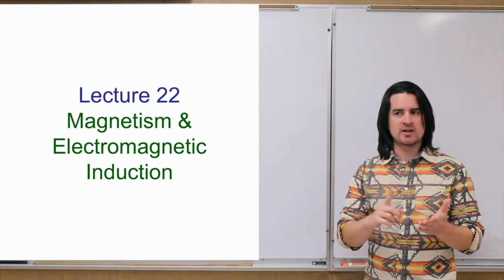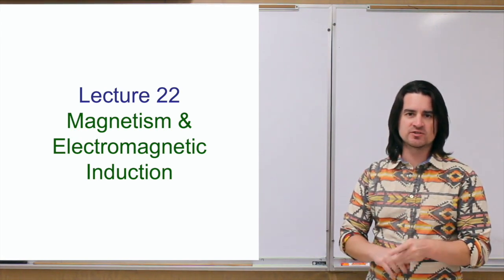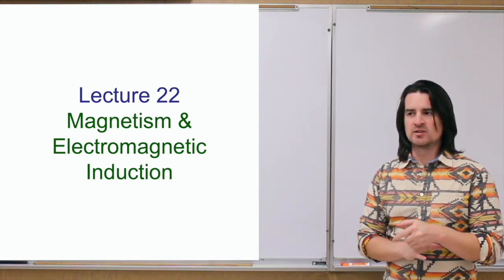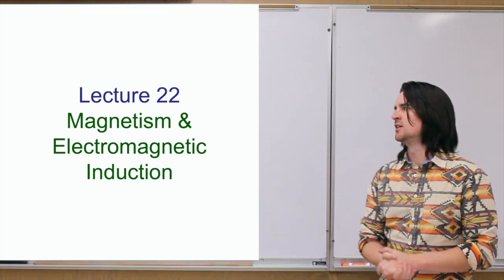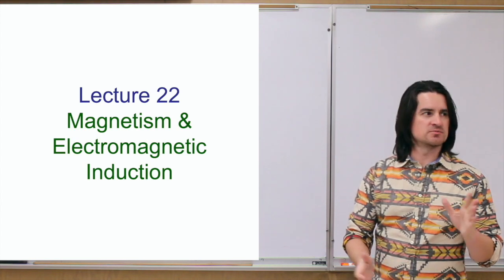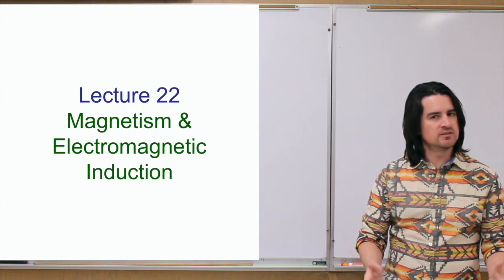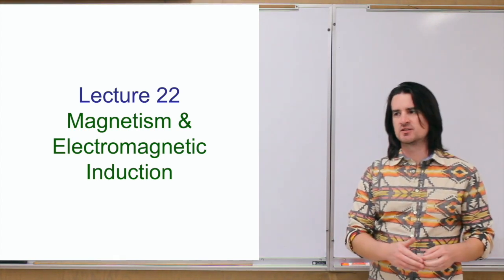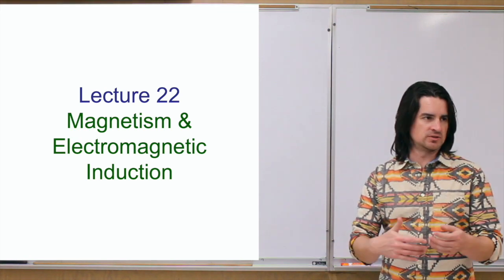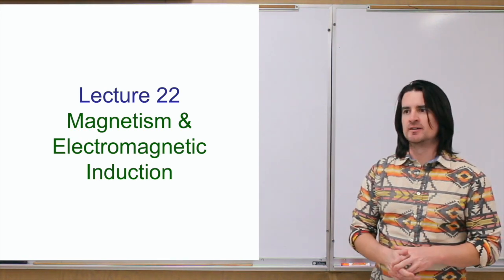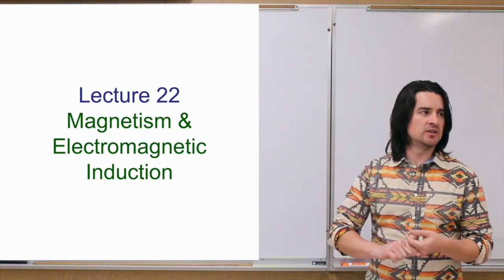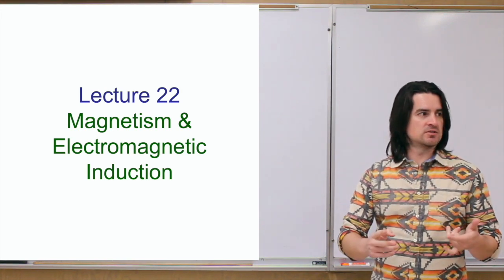So we've talked about electricity, electric charge, electric force, electric potential, that also being called voltage. And then we talked about electric current, how electric forces can give rise to flow of charge, usually electrons, and how that can be very useful in electric circuits.